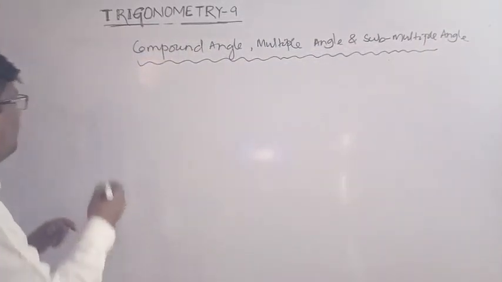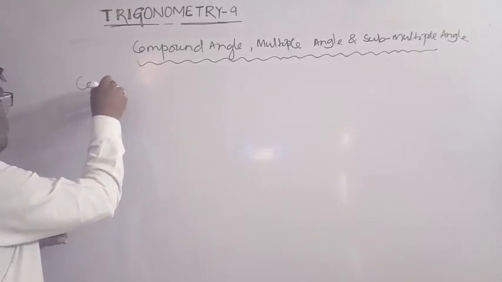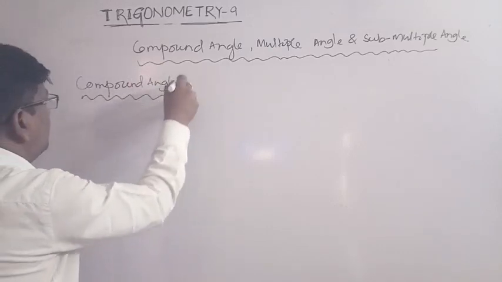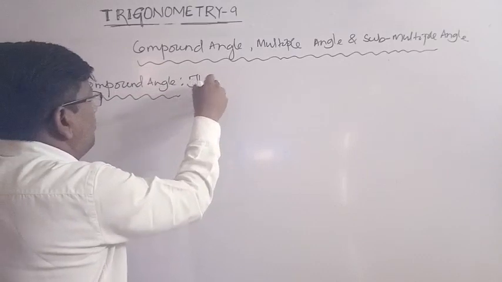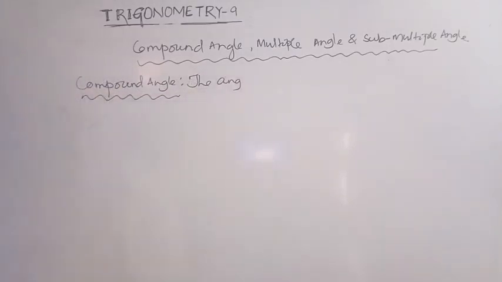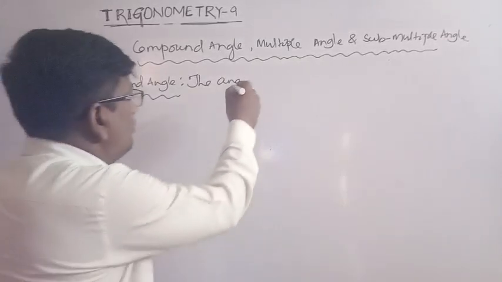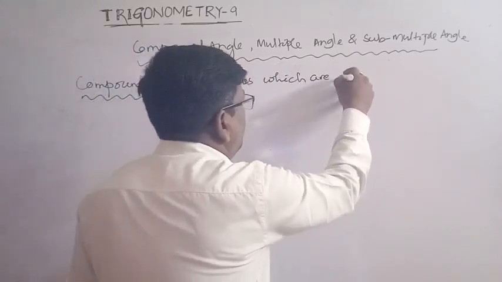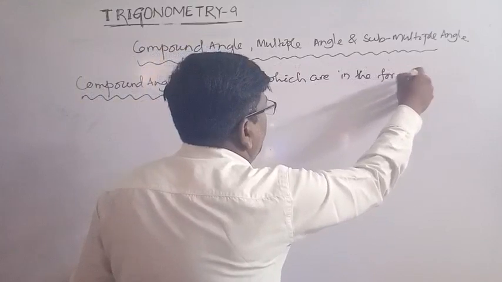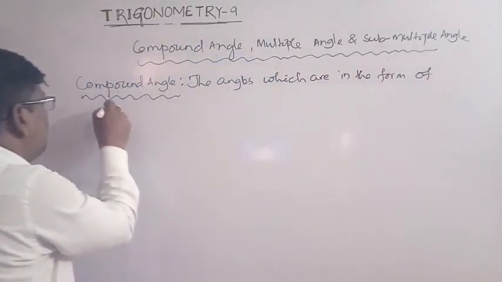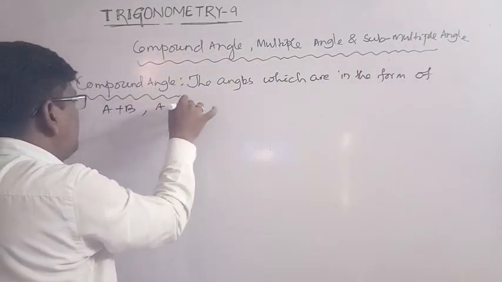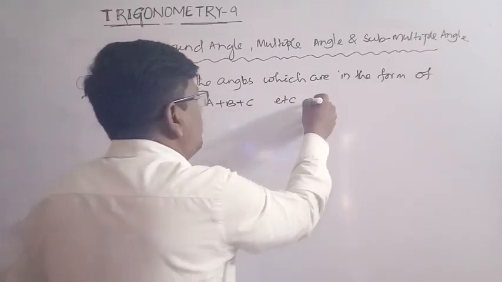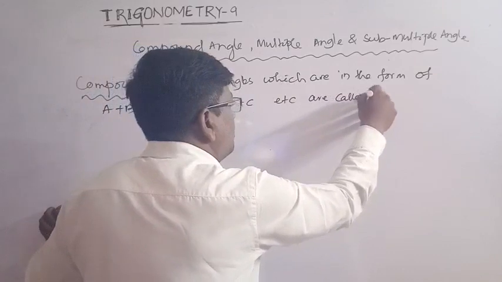Now, what is compound angle? The angles which are in the form of a plus b, a minus b, a plus b plus c, etc. are called compound angles.